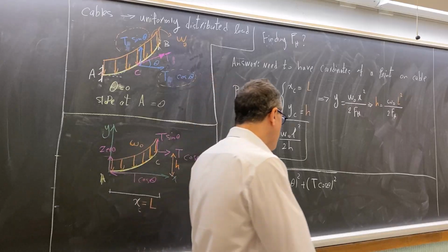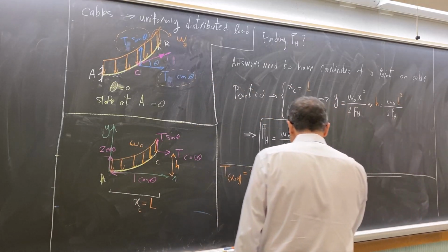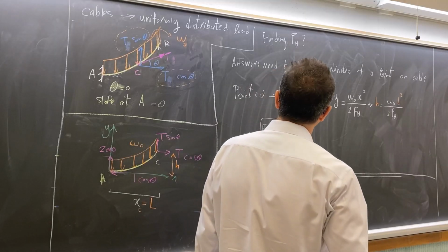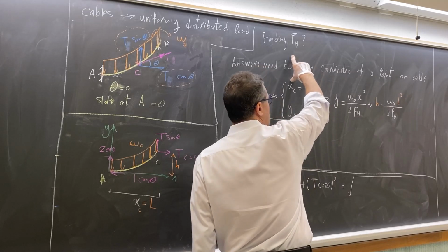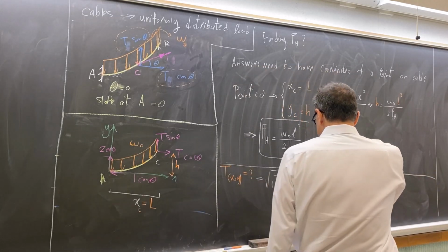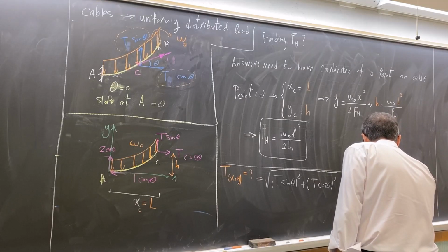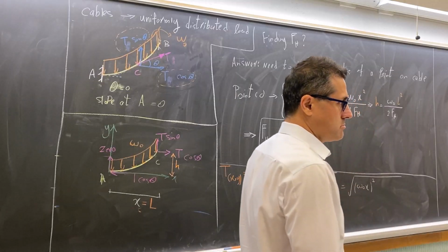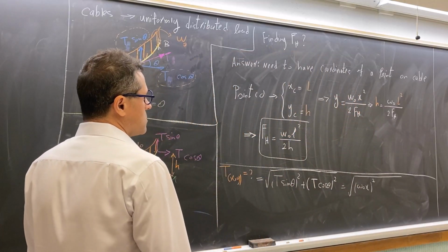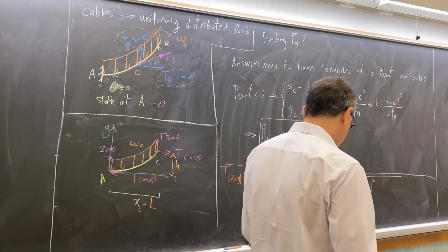But we already know this component. This is the vertical component. If you look at your note, we had two equations here on the board. T sine is equal to omega x, and basically it was the answer to Daniel's question. So we already proved T times sine is omega x.